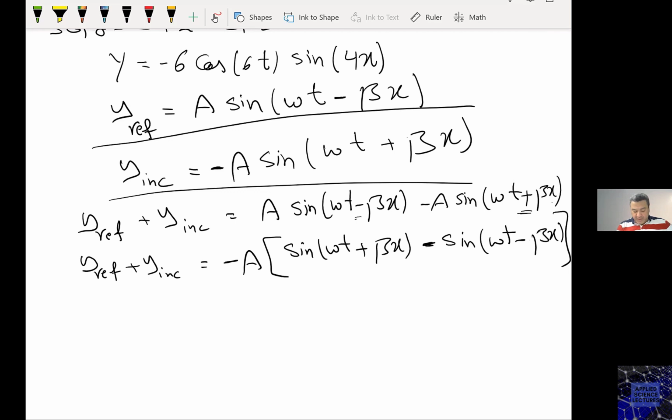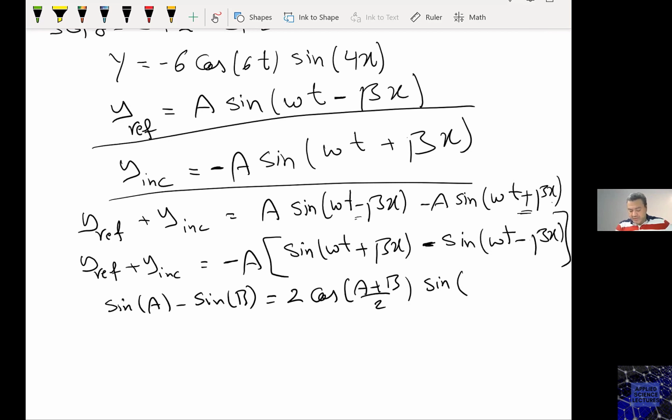Then if I use the trigonometric identity, that is sine A minus sine B equals 2 cosine of the summation A plus B divided by 2, sine of the difference A minus B divided by 2.